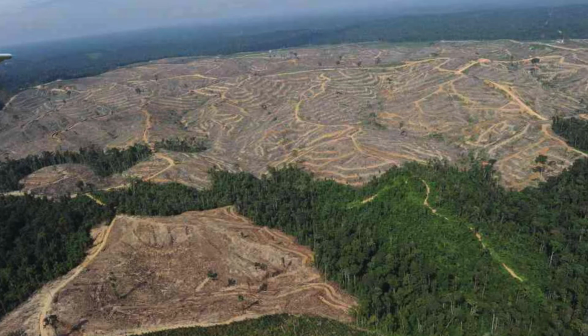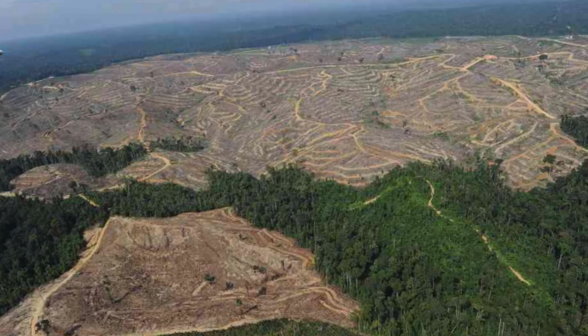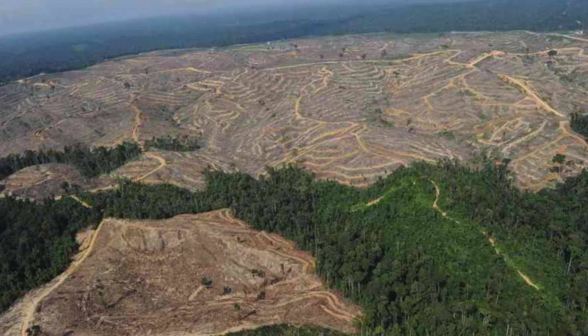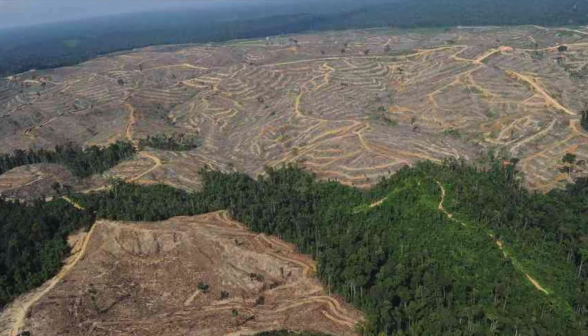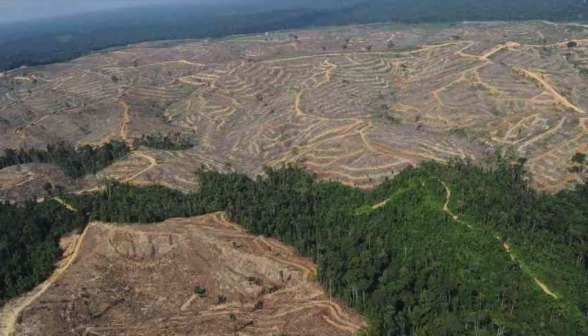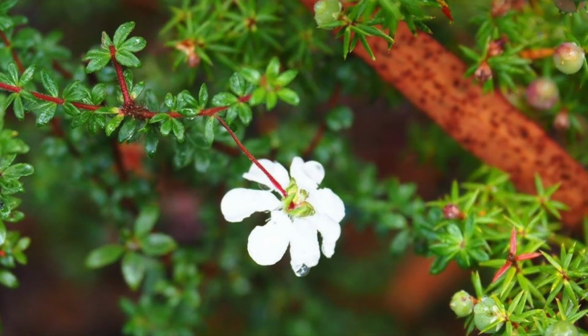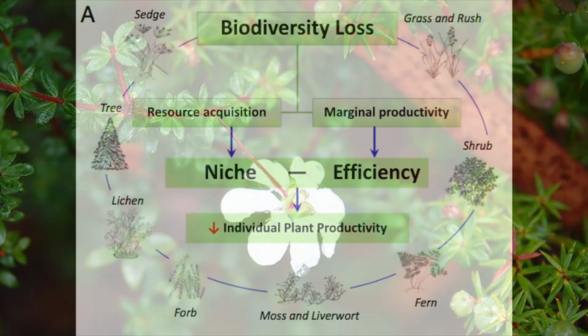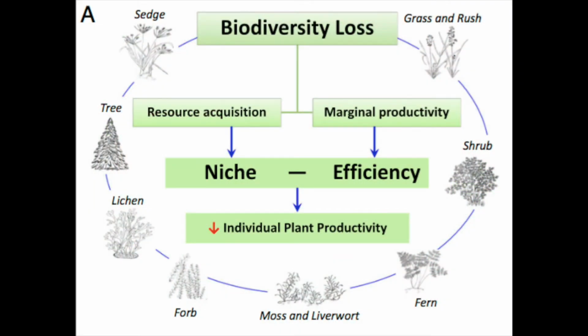With past deforestation and current trends of losing biodiversity, productivity of systems around the world will continue to decline. Loss in plant species like trees, grasses, ferns, etc. in forested ecosystems will reduce individual plant productivity by affecting both resource acquisition and efficiency of resource utilisation.